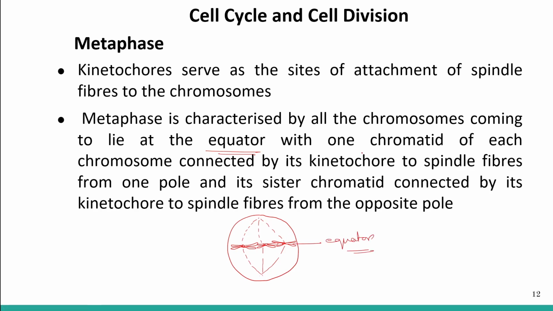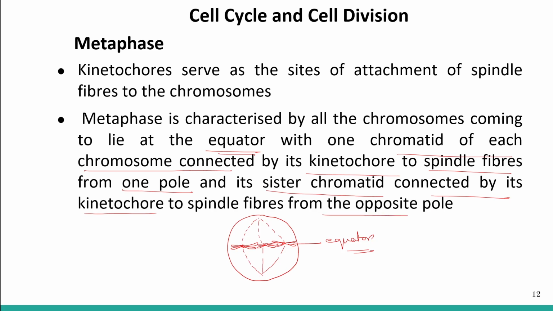Okay, with one chromatid of each chromosome connected by its kinetochore to the spindle fibers from one pole, and its sister chromatid connected by its kinetochore to the spindle fiber from the opposite pole.